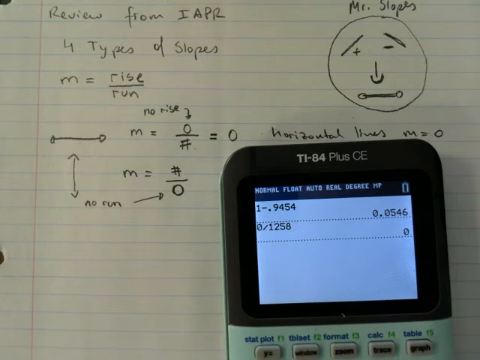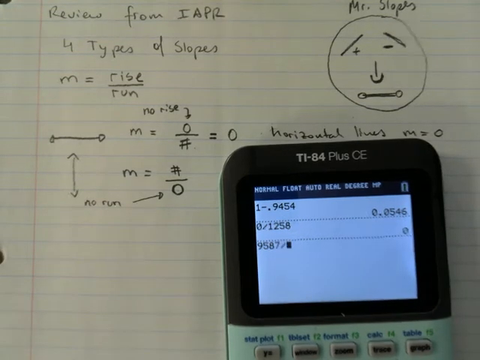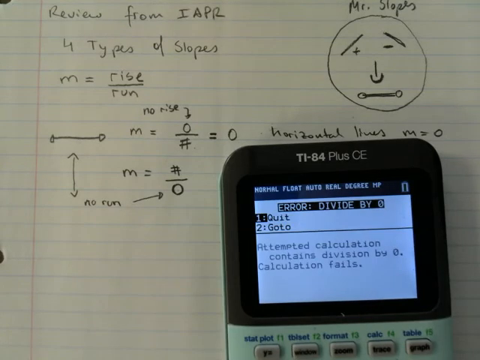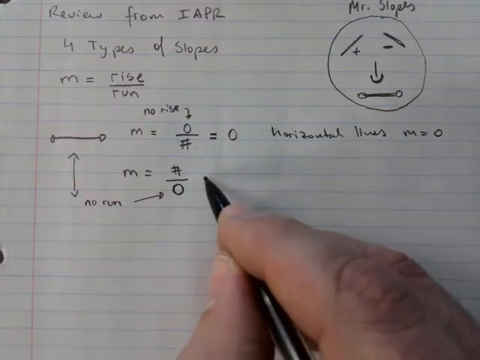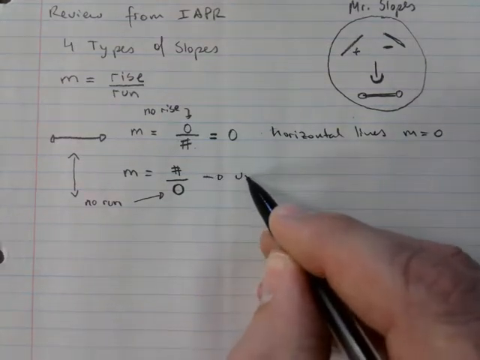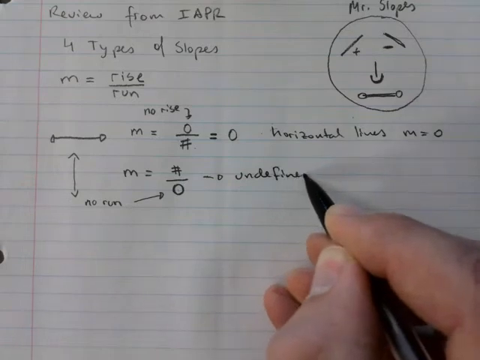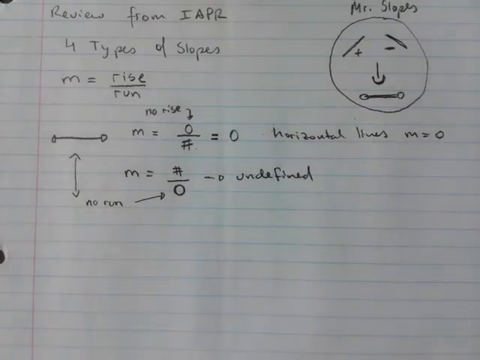It's not 0. 9,587 divided by 0. Error, divide by 0. Some calculators will say just error, undefined. It's undefined, you cannot do that. Right? So you don't go equals, you just say undefined. Okay? Don't say the slope is 0 for a vertical line, it's actually undefined.